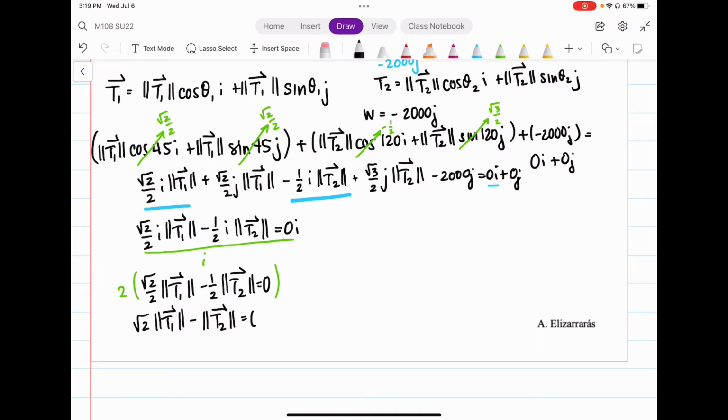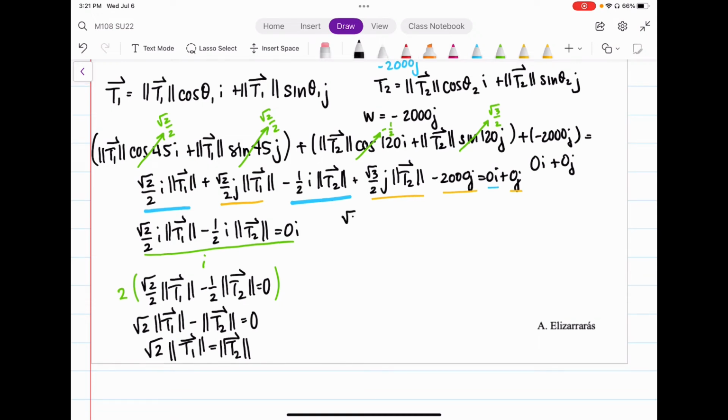And 0 times 2 is 0. So right now I have root 2 times the magnitude of T1 minus the magnitude of T2 equals 0, or adding the magnitude of T2 to both sides, I have root 2 times the magnitude of T1 equals the magnitude of T2. Now let's equate the j terms.